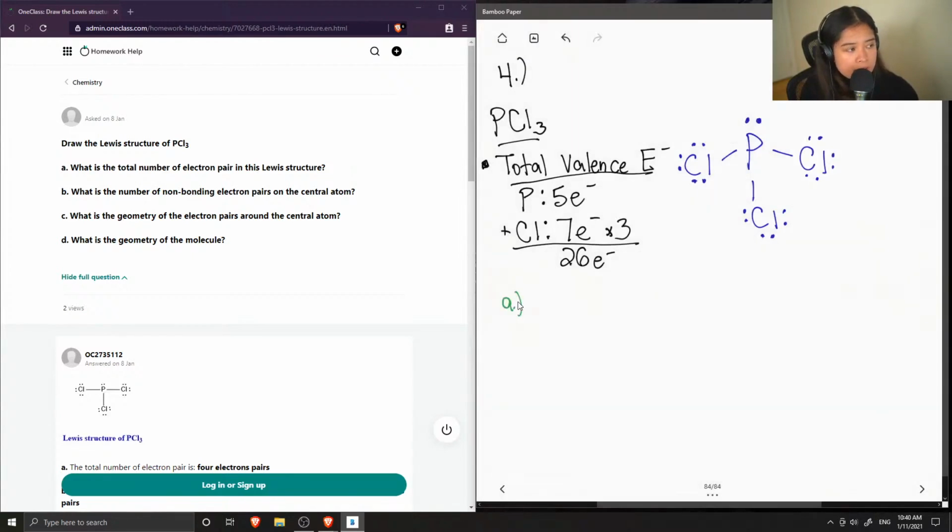What is the total number of electron pairs in this Lewis structure? When we say electron pairs, this refers to the number of electron pairs that are attached to our phosphorus. If we count out, it has 1 lone pair of electrons and 3 bonding pairs of electrons, then we have a total of 4 electron pairs.